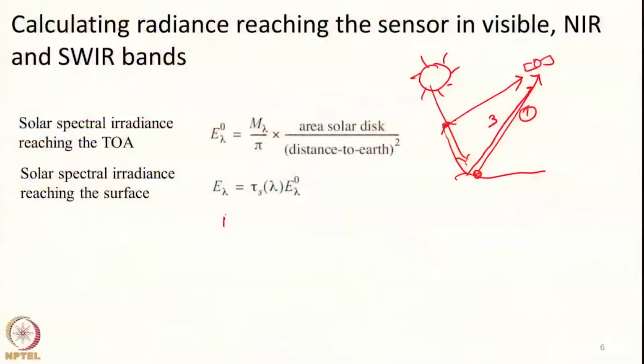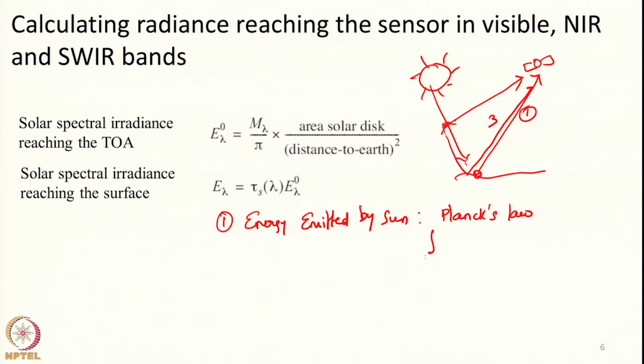The first component is the energy emitted by the sun. We can calculate it in a simple fashion using Planck's law, which we studied in the earlier basic classes. If you integrate Planck's law between whatever wavelengths you are talking about, say I am interested in calculating the radiance reaching the sensor in the red band.